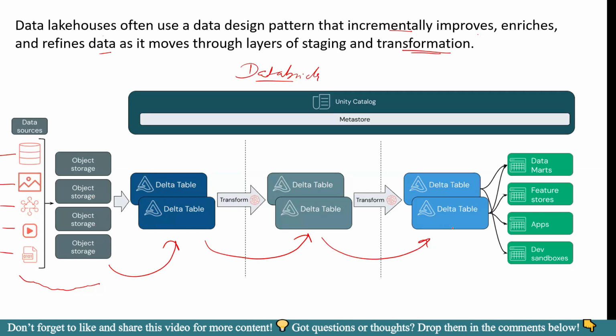Finally, it will be useful for the results, and we can produce some outputs from that. The Unity Catalog is basically governance. It takes care of the security here, and this is how the data is transformed from multiple data sources. This is a simple diagram.